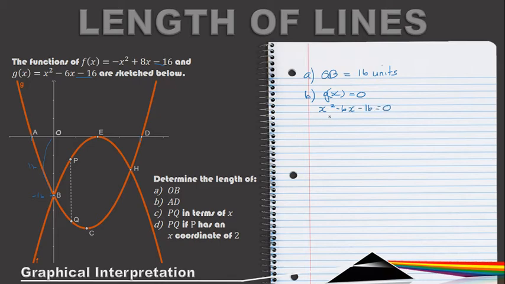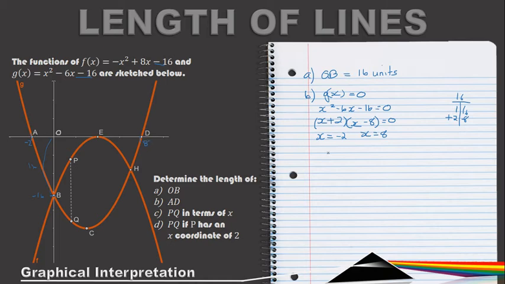In factorizing that, my factors of 16 are 1 and 16, 2 and 8, and 2 and 8 will work, because if I want to get -6, I'll say +2 minus 8. So factorizing this is (x + 2)(x - 8) = 0. Therefore x is equal to -2, or x is equal to 8. So this is my -2 if I read that off the graph, and that's my 8.